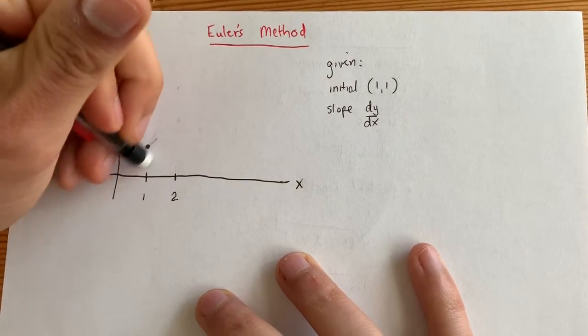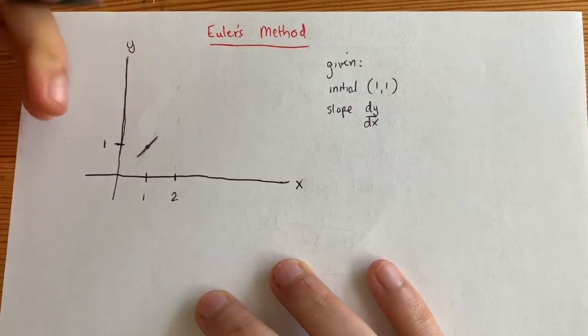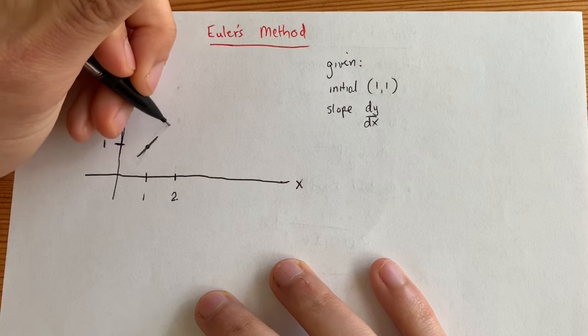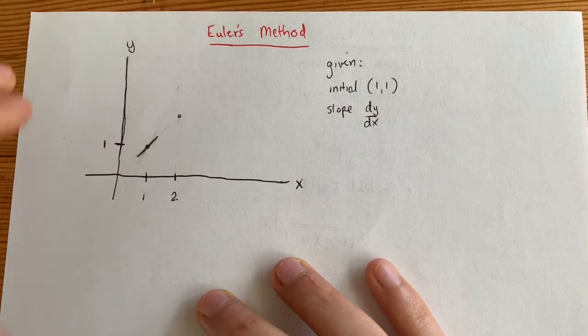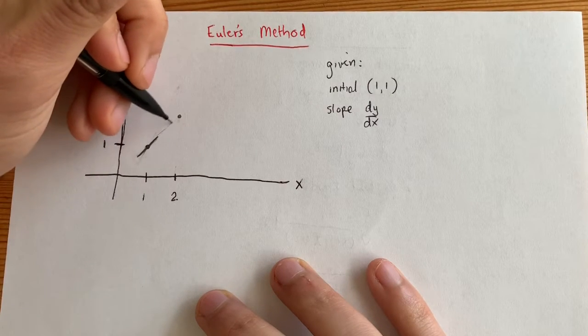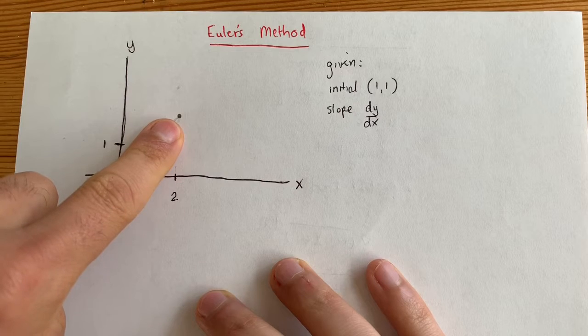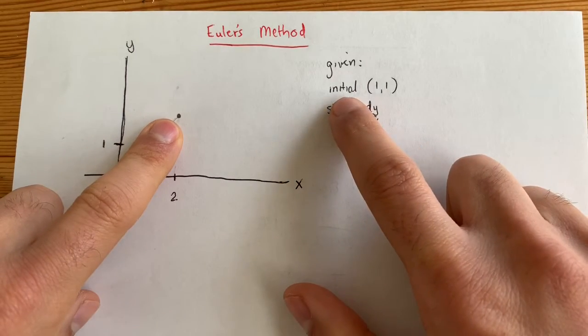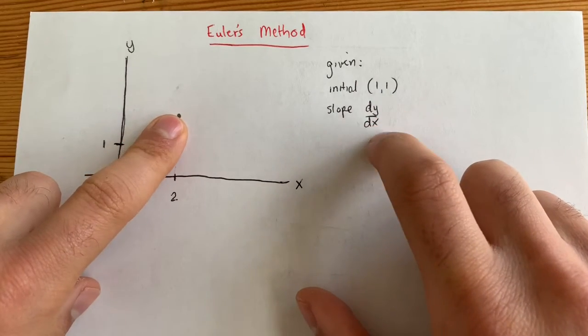So that's the idea: we use that slope to estimate where the next point would be. Let's just pick this as the slope. As an estimate, 2's value would be right here. From there, we have another point we can use. So instead of using the initial (1, 1), we have a new point, and we can find the next slope.